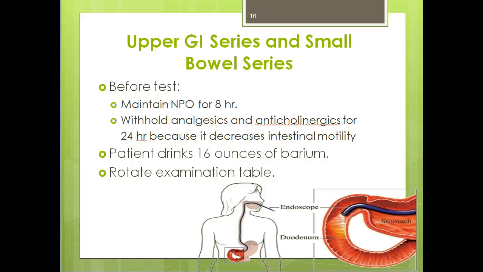Before the test, you want to make sure that they're NPO for at least 8 hours. You're going to withhold any type of pain medicines and any type of anticholinergics. And anticholinergics, of course, you guys, would decrease intestinal motility, so withhold for at least 24 hours. The patient is to drink 16 ounces of barium, and they're going to rotate them on the examination table.